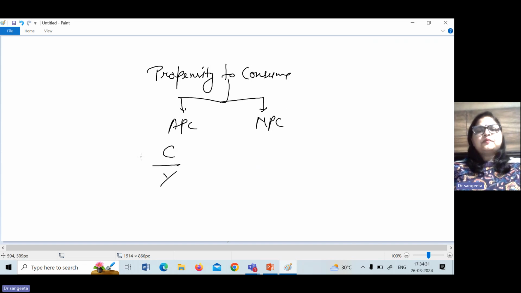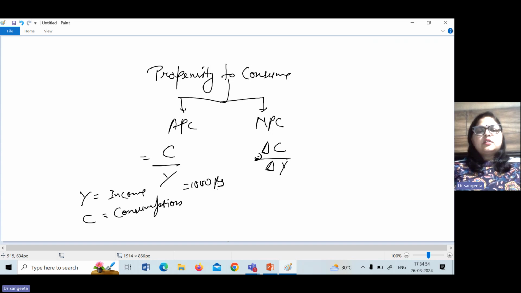APC is equal to C upon Y, and MPC is delta C upon delta Y. That means, for example, Y stands for income and C stands for consumption. If my income is 1,000 rupees and I am consuming 500 rupees, then my propensity to consume will be 50%. 50% of my income is consumed by me. That is my propensity to consume.